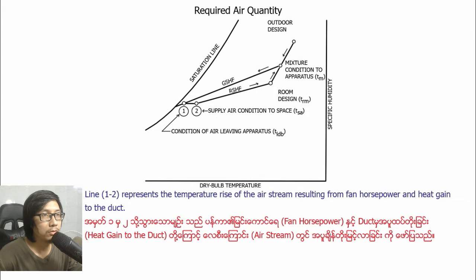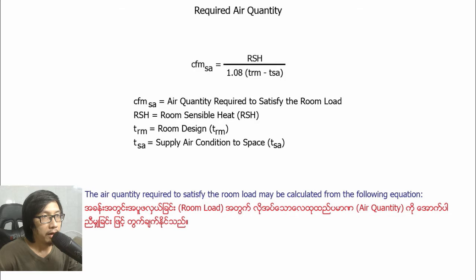Line 1 to 2 represents the temperature rise of the air stream resulting from fan horsepower and heat gain to the duct. The air quantity required to satisfy the room load may be calculated from the following equation.